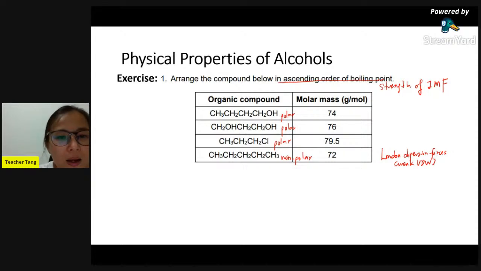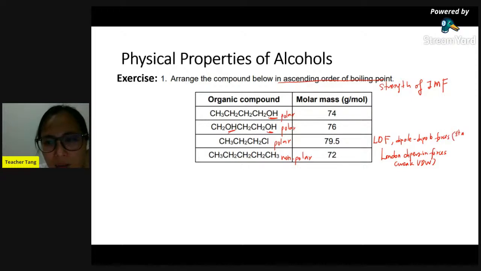But for alcohol, they have a hydroxyl group. So besides dipole-dipole forces and London dispersion forces, they can also form hydrogen bonds. While for haloalkane, there is no hydroxyl group. It is polar, so between haloalkane molecules you have London dispersion forces and also dipole-dipole forces. So you have stronger van der Waals forces.